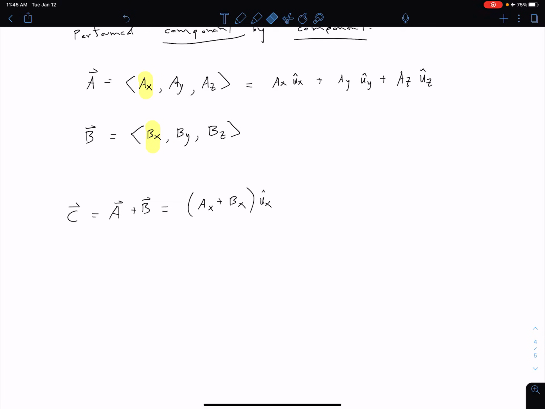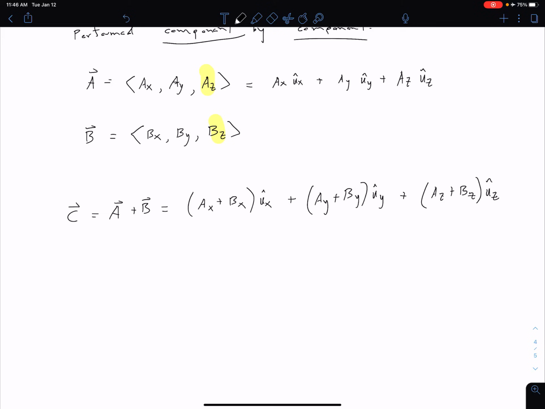Now that we've done our x component, we would look at our y component. We can say that this is ay plus by in our y direction. And then finally, we would look at our z components, and we would have az plus bz in our z direction.